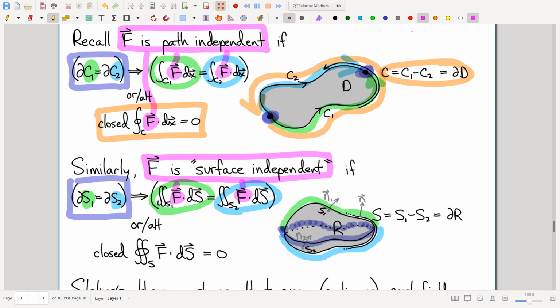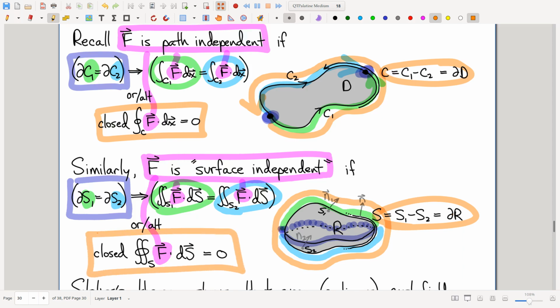Again, there is an alternative point of view, which is you can think about the whole surface together, which you notice, again, is the boundary of a solid. And is that closed flux always equal to 0?